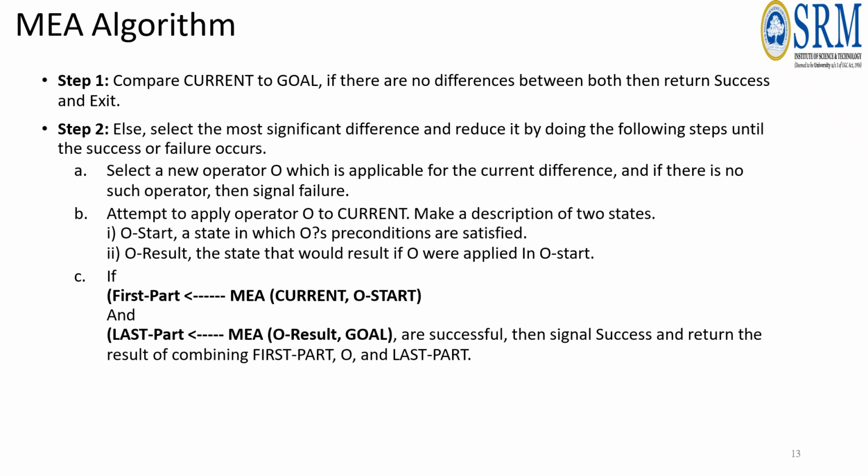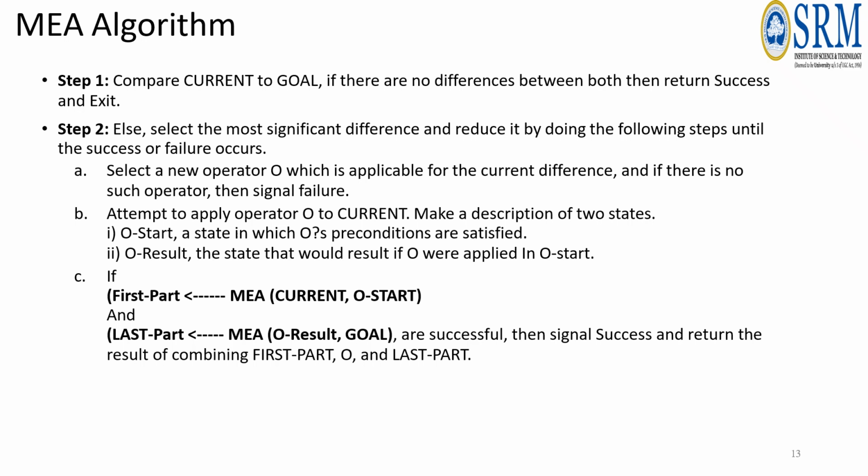You check the differences between both, and if it is a success, then it is returned. In step 2, else we select the most significant difference, and reduce it by following steps until the goal succeeds or failure occurs. First, select a new operator O which is applicable for the current difference, and if no such operator is found, then the signal will be failure.